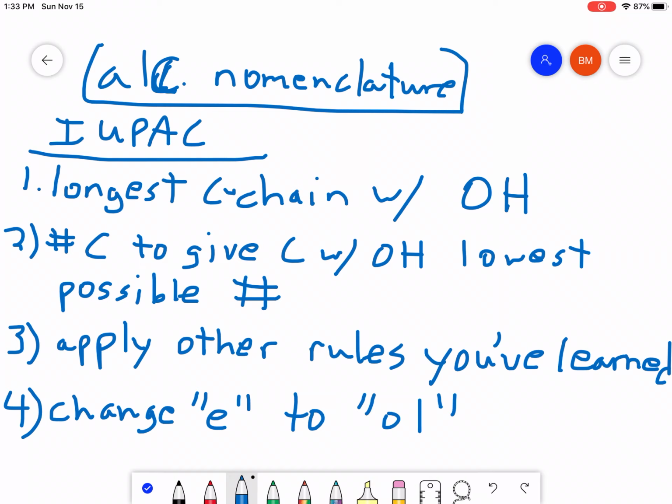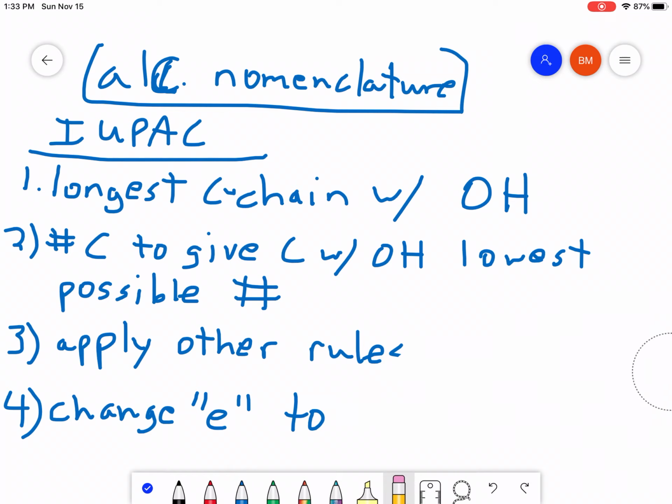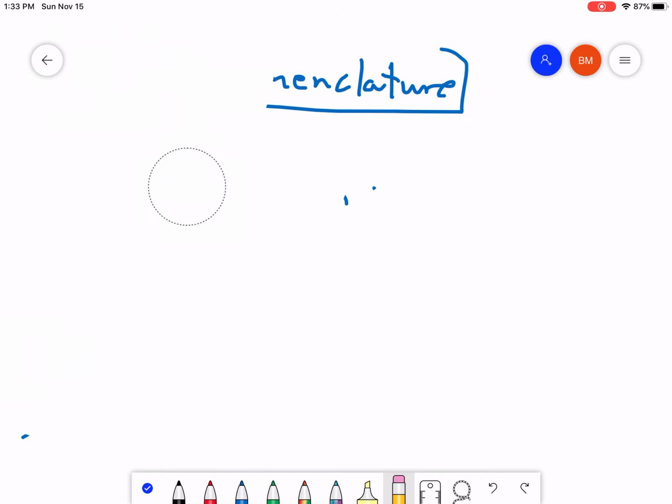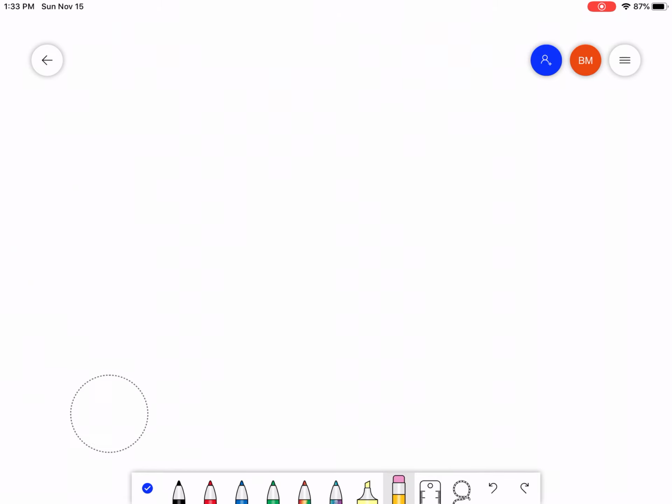Let's see this in action. Let's work a few examples. All right, let's take a look at this one. We're going to look for the longest carbon chain that has your OH group.